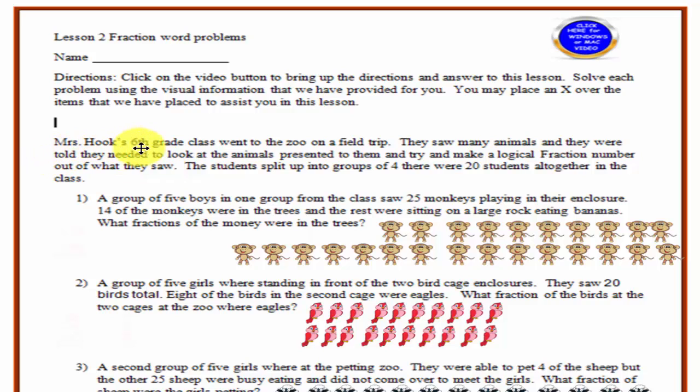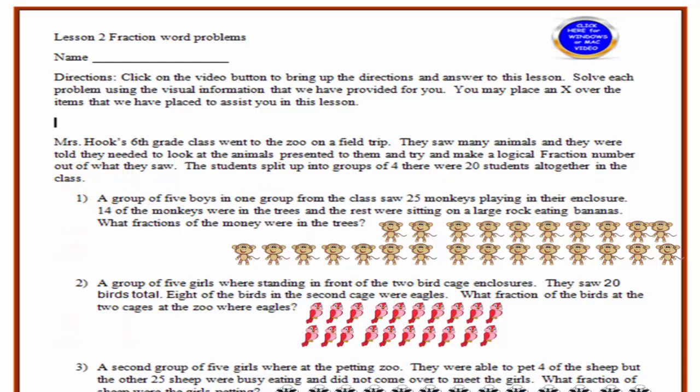Now, Mrs. Hook's 6th grade class went to the zoo on a field trip. They saw many animals and they were told they needed to look at the animals presented to them and try to make a logical fraction number out of what they saw. The students split up into groups of 4, and there were 20 students altogether in the class.